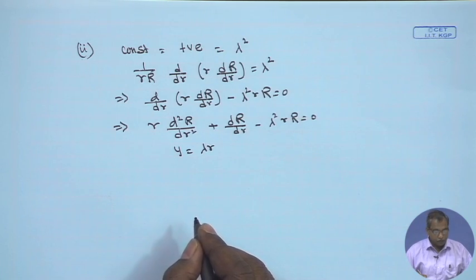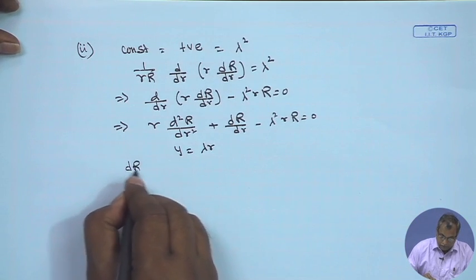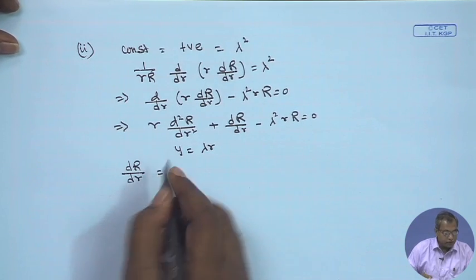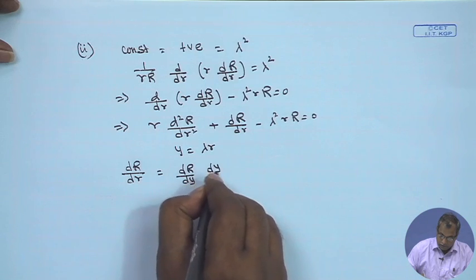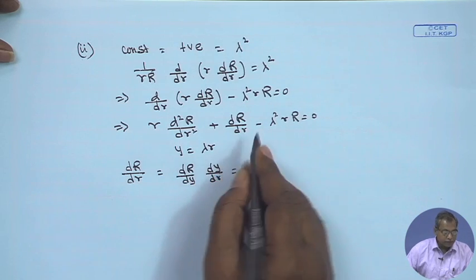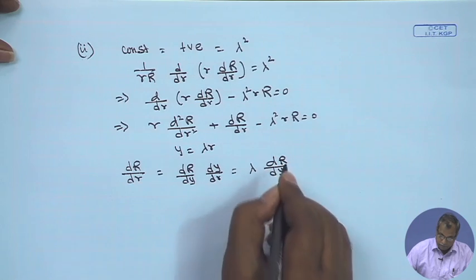If you substitute y equal to lambda r, then the derivative dR/dr will be nothing but lambda dR/dy.